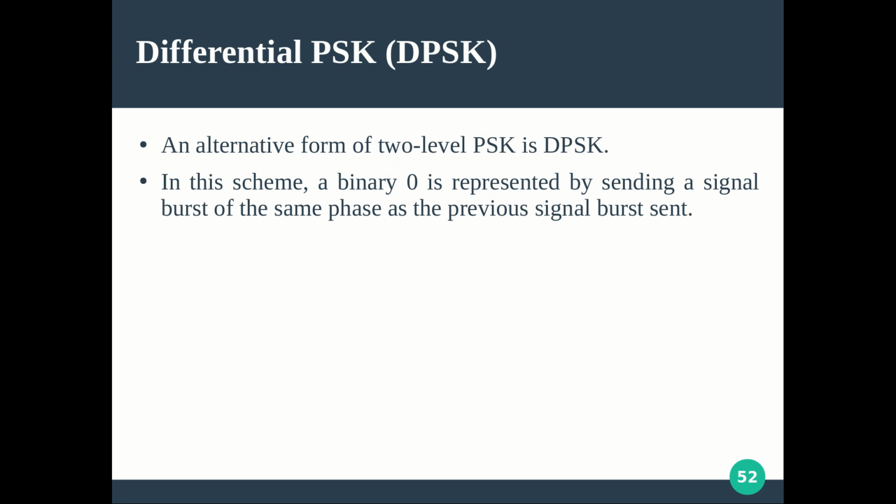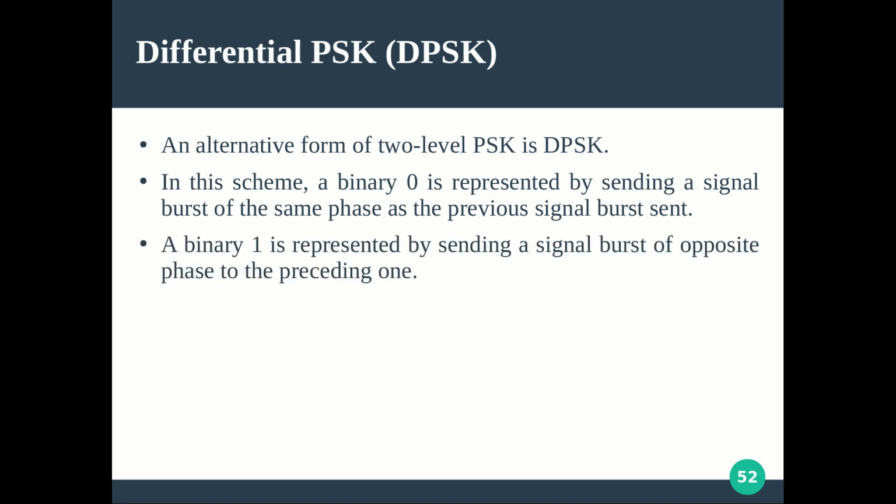But when 1 is coming, we are differentiating that 1 from the previous one. So that differentiation is actually applicable to 1 only, not for 0. Or you can make this differentiation applicable to 0, not for 1. Both are fine. So a binary 1 is represented by sending a signal burst of opposite phase to the preceding one.